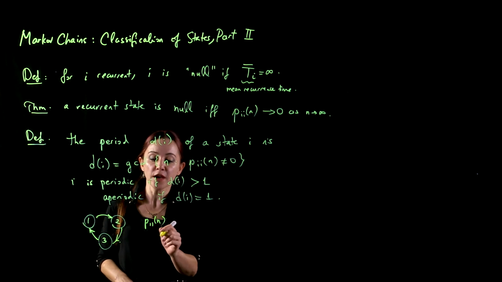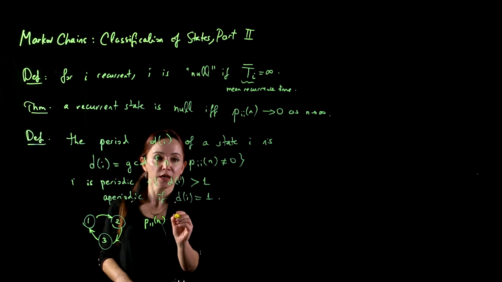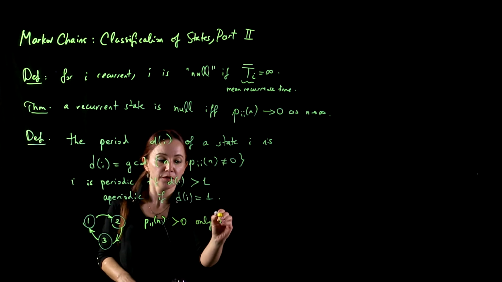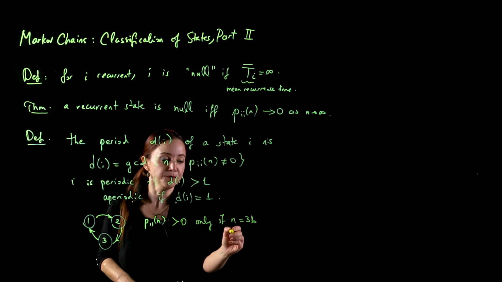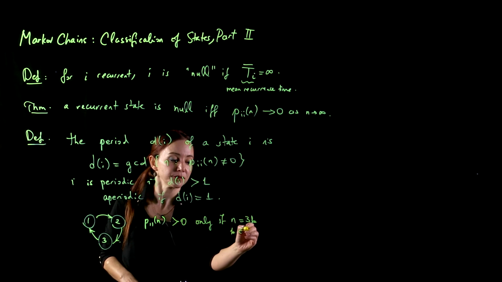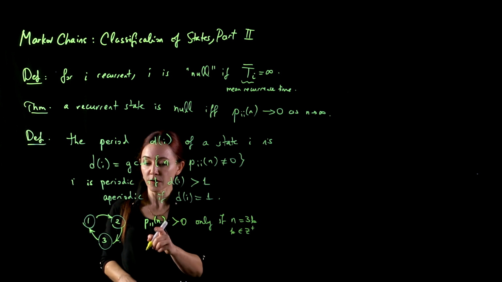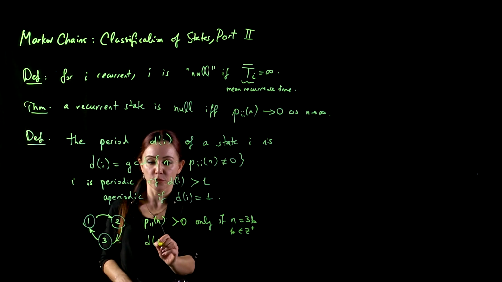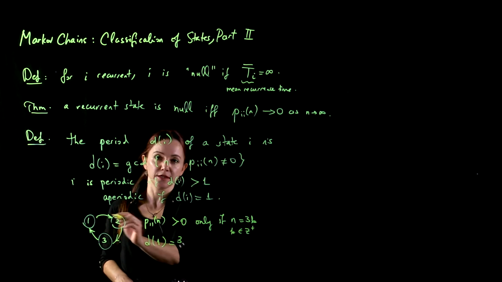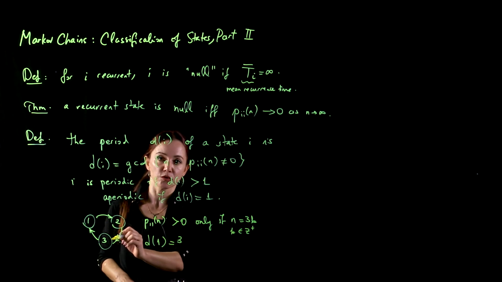So p_ii of n is greater than 0 only if n is a multiple of 3. So here the period of state 1 is 3. The period of any state in this Markov chain is 3.